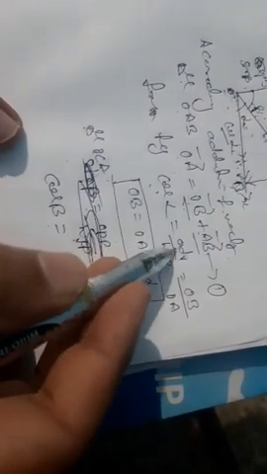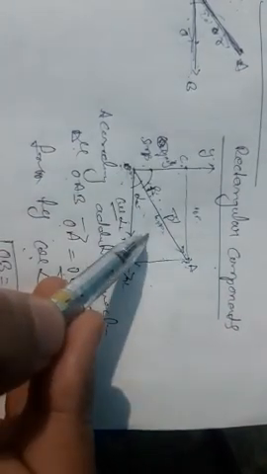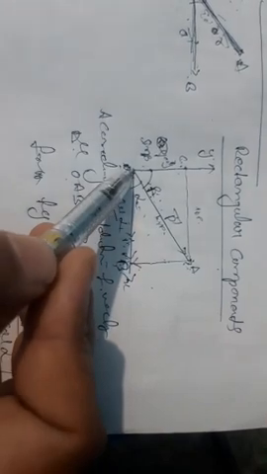That is the resolution of a vector. At angle beta, cos beta. The definition of cos is adjacent side by hypotenuse. At angle beta, this is the opposite, adjacent, hypotenuse. The adjacent side is called OC, by the hypotenuse side OA.